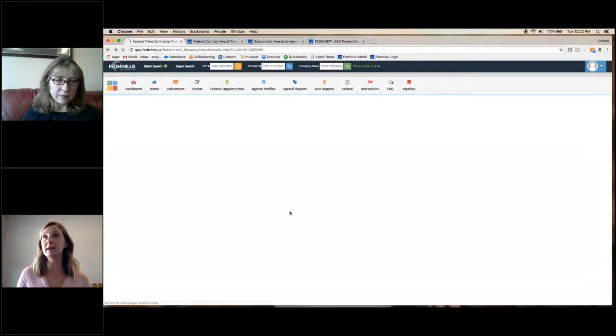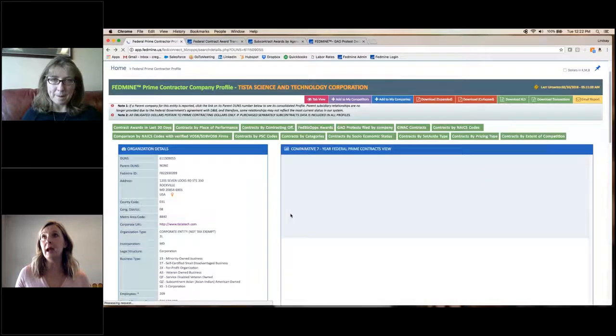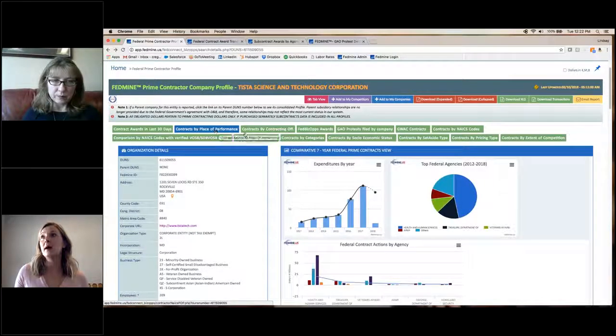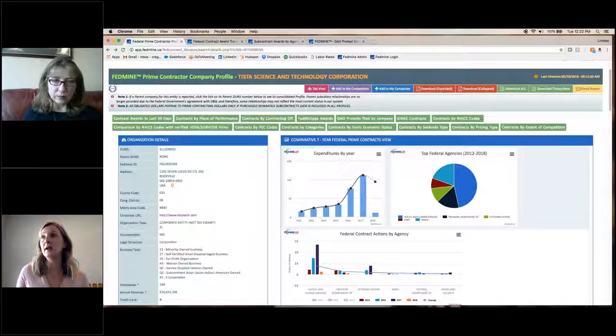Some of the other things that I can see here that I would want to pay attention to are where they're winning contracts by place of performance. Are they filing any protests? How they're winning by set aside. So lots of different data points to understand this company's strategy.